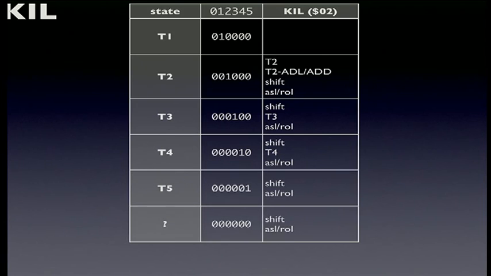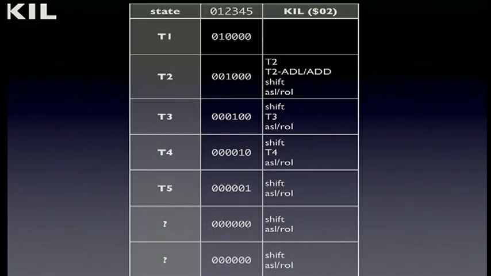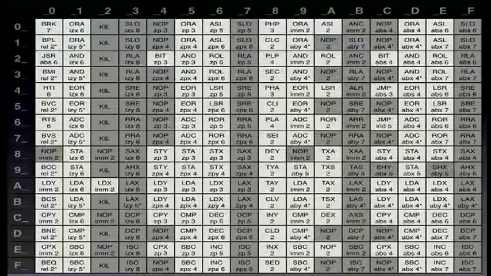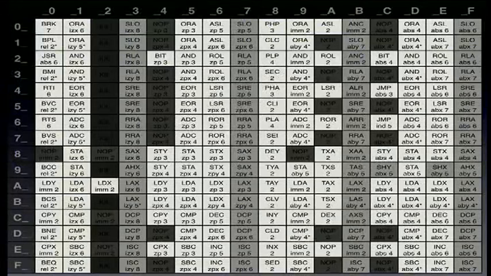So it just shifts it out. And so we're now in no state, and nothing will ever match again. And we will never fetch the next instruction, so the next one will be just the same, and the machine is just wedged.